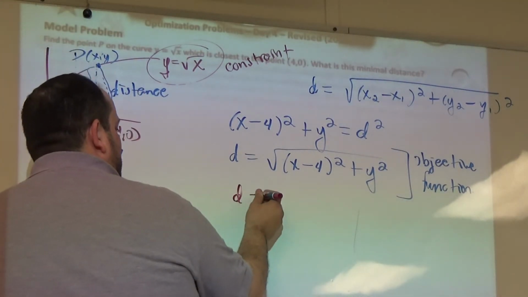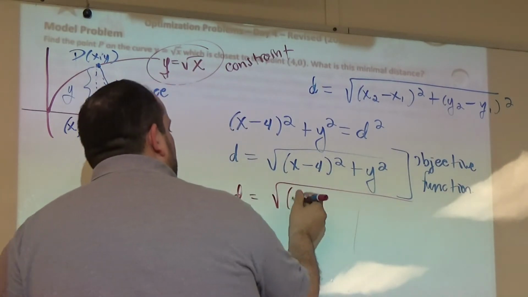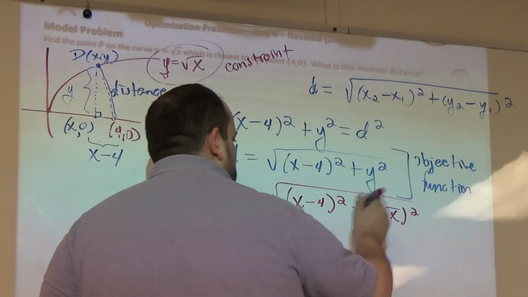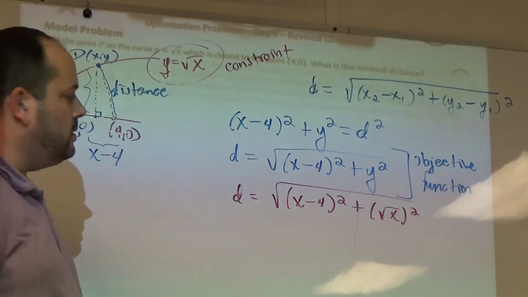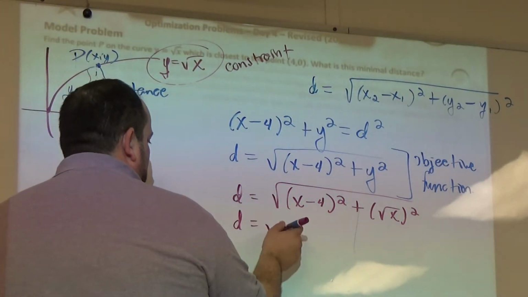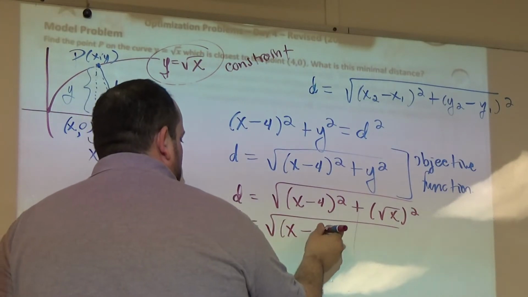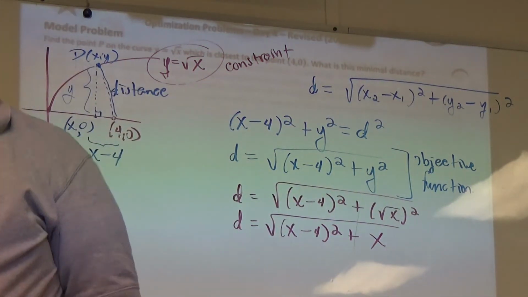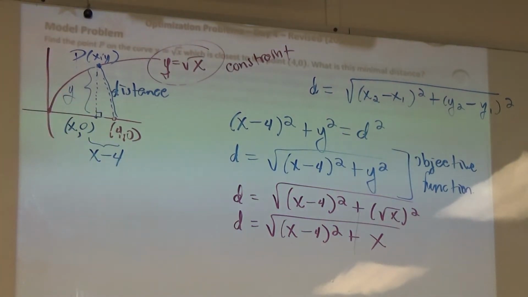So that means that my distance formula can now be rewritten as the square root of (x minus 4) squared plus the square root of x, the whole thing squared. Or even better, the square root of (x minus 4) squared plus x. Good news.